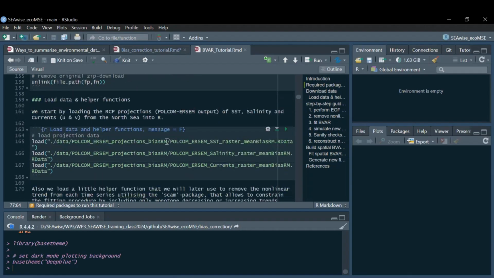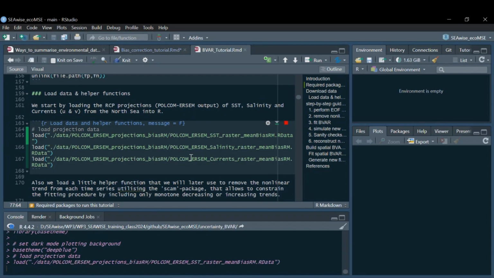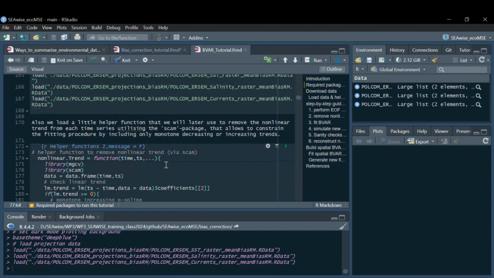We have our Polcoms ASM SST raster, which is already mean bias corrected, then the salinity raster, which is mean bias corrected, and a current raster, which is also mean bias corrected. So we have those three data sets.